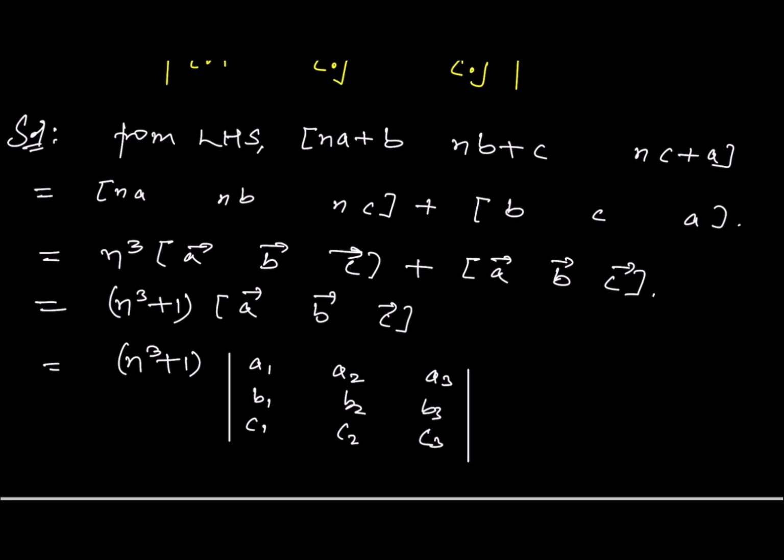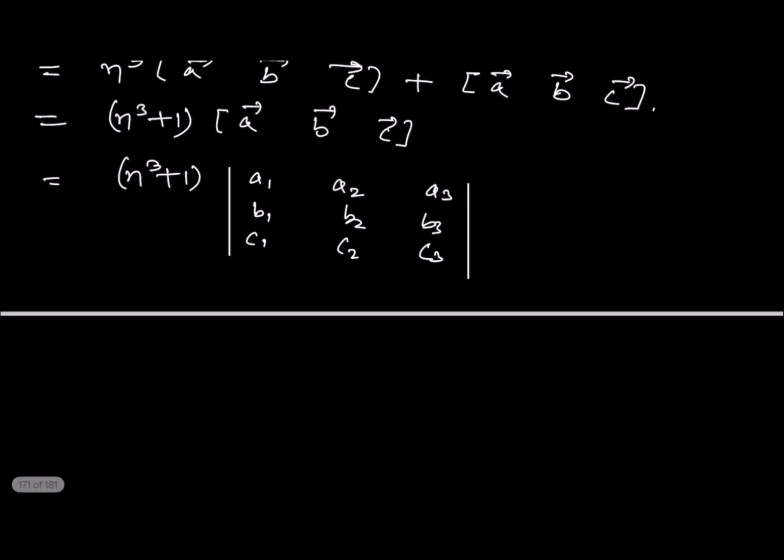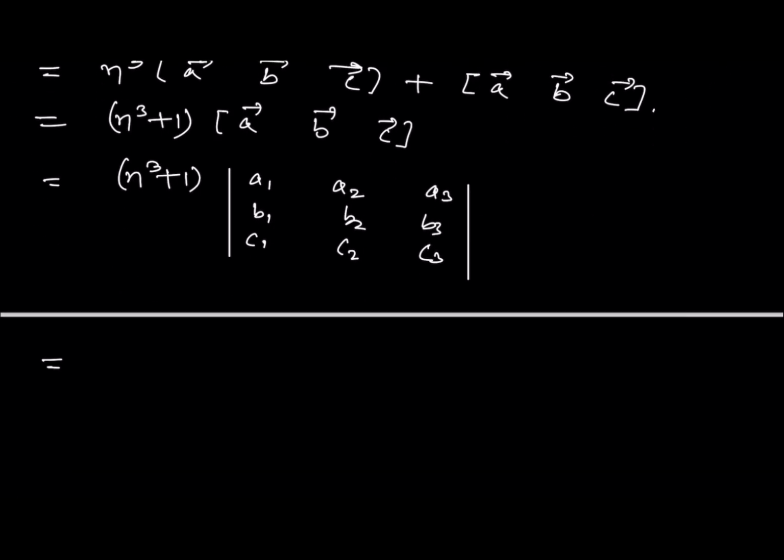Okay. And also this A1 can be written as A dot i. And A2 can be written as A dot j. And A3 is A dot k.